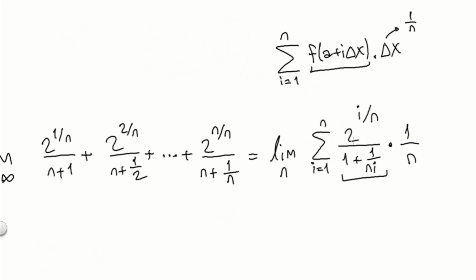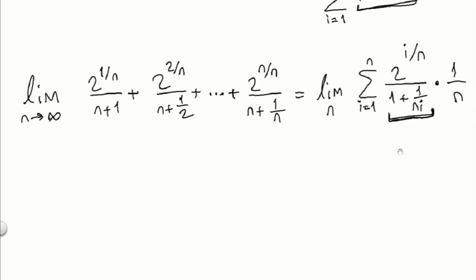The way I can do this is that I already have 1 over n outside, so maybe I can find two things that converge to the same thing and give me f of a plus I delta x for a Riemann sum. So I will try to find bounds for this thing.